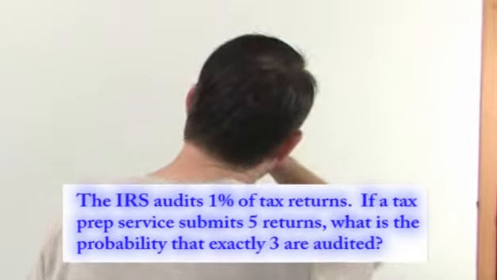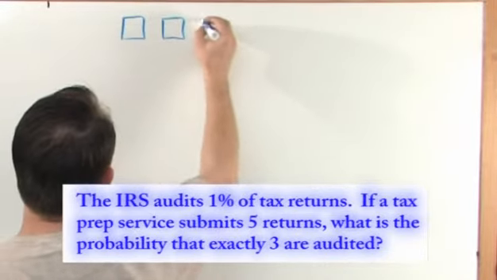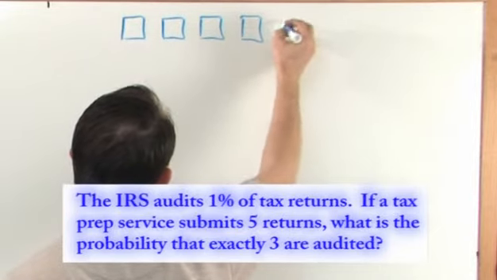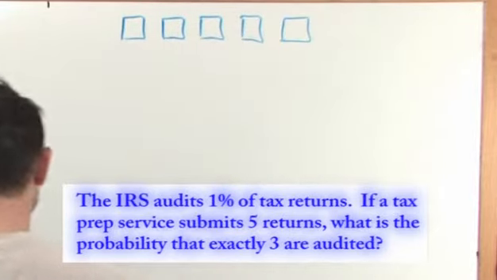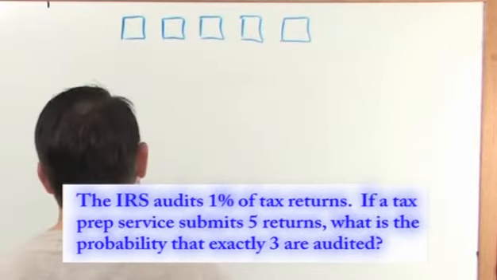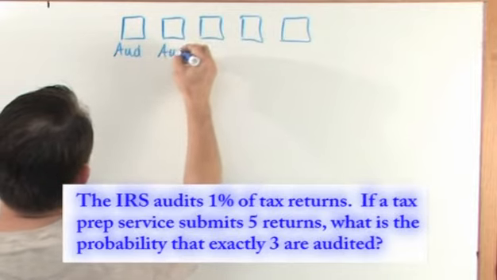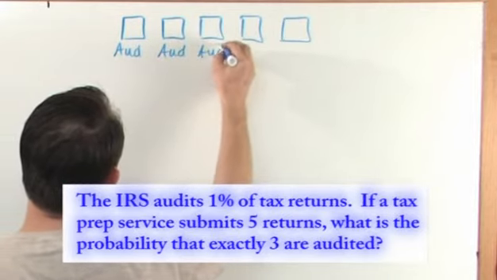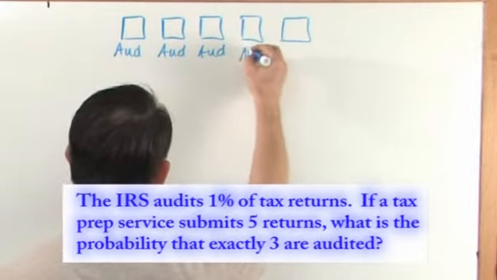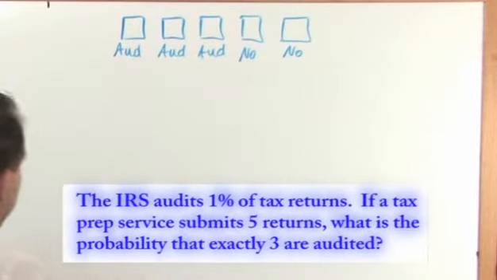So before we actually get started, just to kind of draw a little picture, we know that we submit 5 tax returns. I like drawing pictures, that's why I do this all the time. And we know that we want to find the odds or the probability of 3 of them being audited. So this guy could be audited, this person could be audited, this person could be audited, this one could be not audited, and this one could be not audited, because I'm trying to find the probability of only 3 people getting audited.